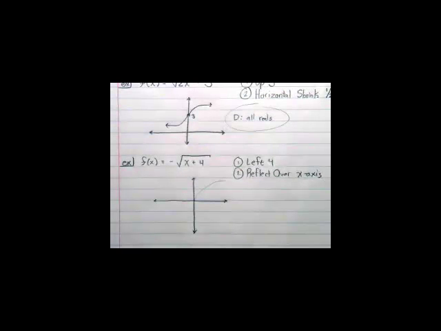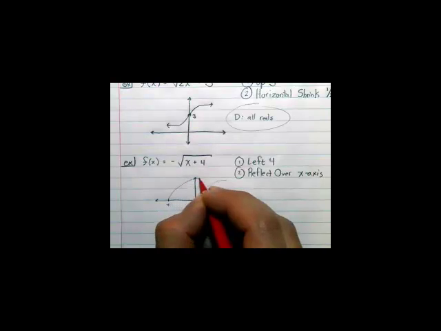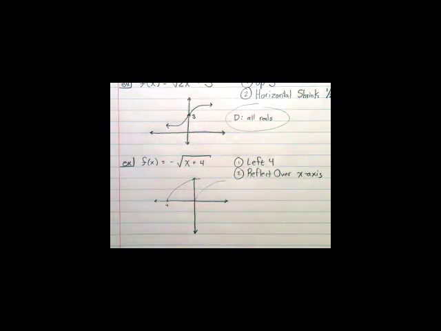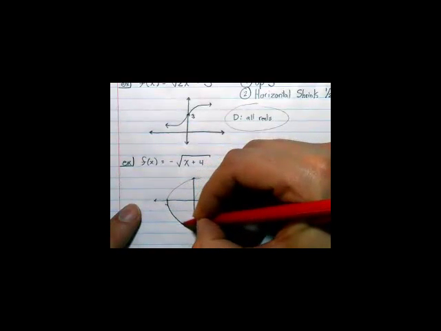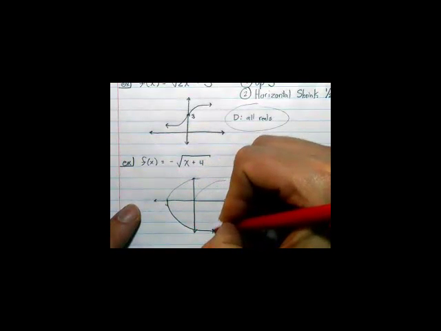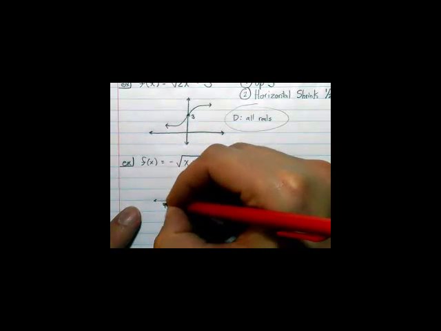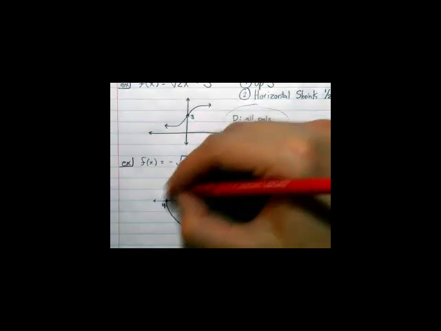And so I'm going to move that to the left 4. So at -4, now it's doing something kind of like this. But we also want to reflect it over the x-axis. So it's going to look kind of like this. I kind of covered up my 4, so that's a 4. Okay, and then I'll just get rid of these here.